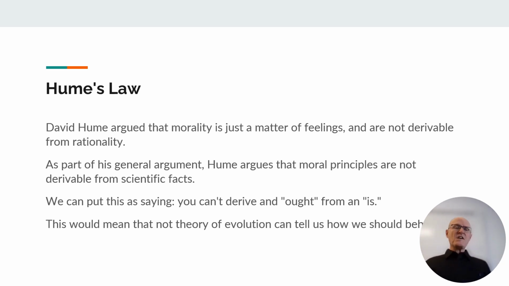So the basic idea for Hume is that no theory of evolution and the survival of the fittest, which tells us how humans have survived and have evolved, is going to tell us that we should operate that way. So it may well be true that survival of the fittest is a way that evolution operates, but that doesn't mean that survival of the fittest is how we should operate.